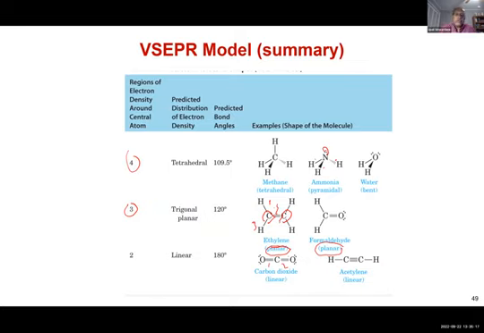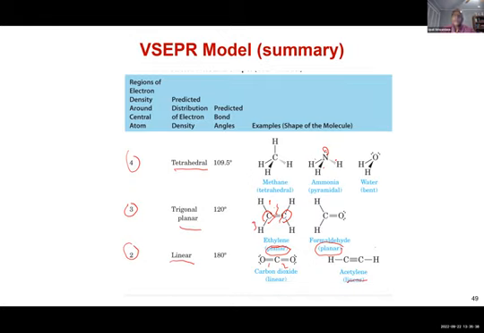Two electron groups normally distribute in a linear fashion. 3 is trigonal planar, 4, excluding lone pairs, is tetrahedral. So the carbon dioxide molecule we talk about is linear.